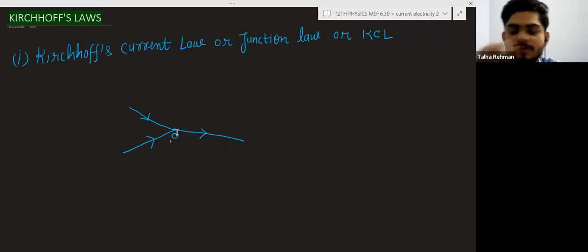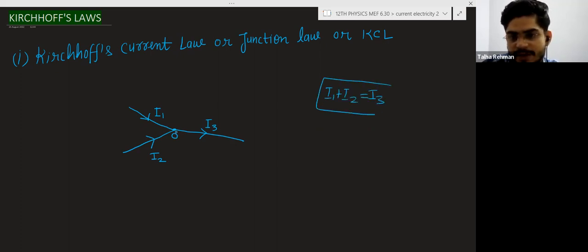Suppose I1 current is flowing in this wire, I2 current in this wire, and I3 current in this wire. You already know this law because you can write I1 plus I2 is equal to I3. This is the law, but we have to define it.